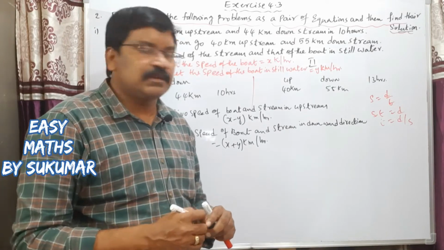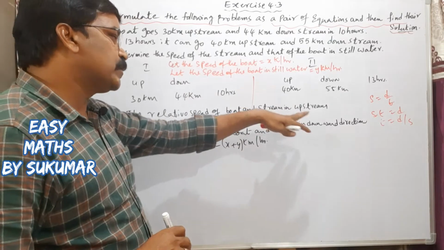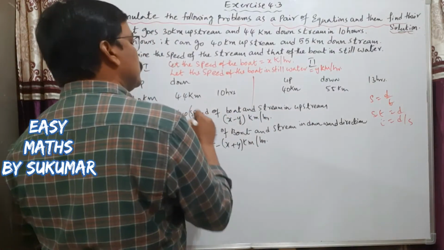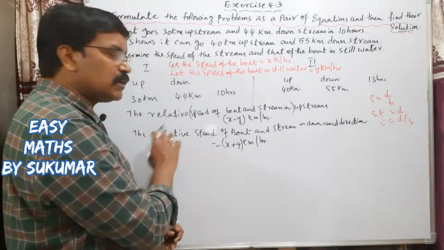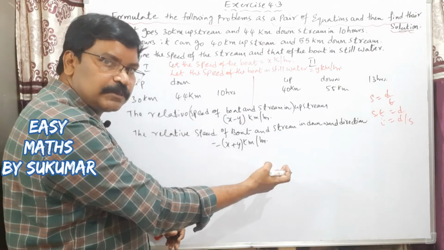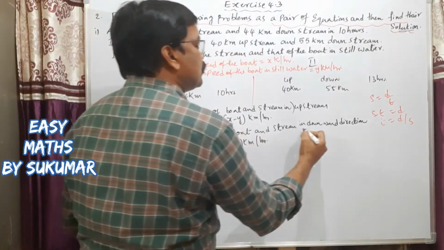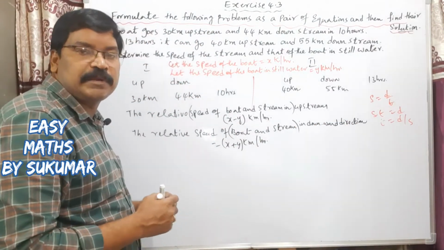In the second case, the relative speed of boat and stream in the downward direction is x plus y kilometer per hour.